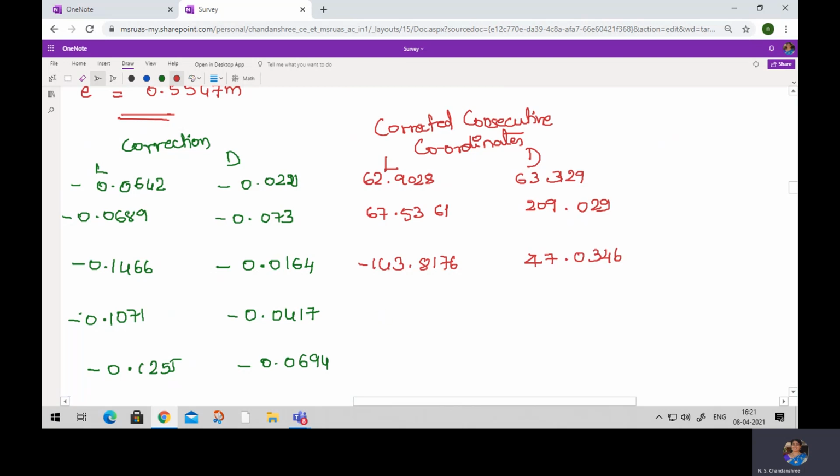Next, here it is minus 105.0781 and this is minus 119.5977. Last line is 118.4525 and this is minus 199.7784.